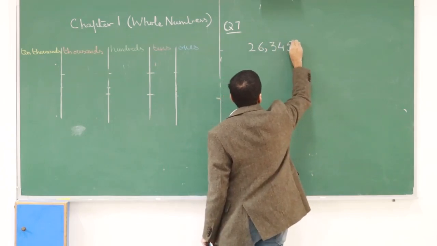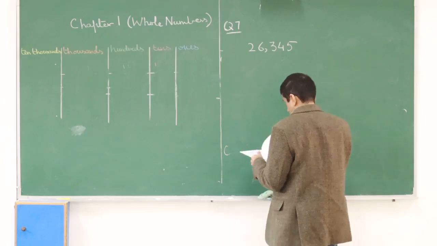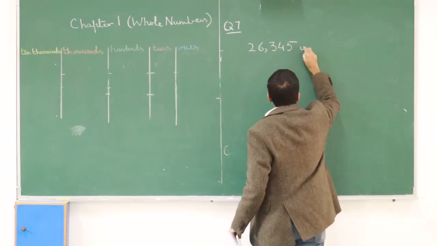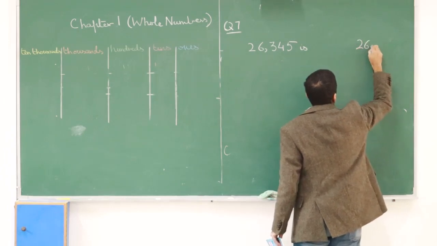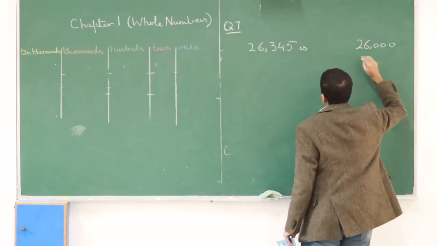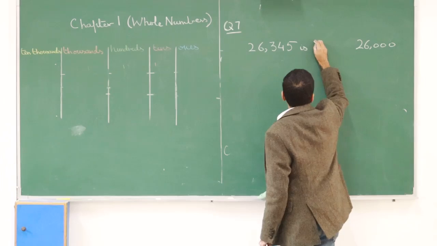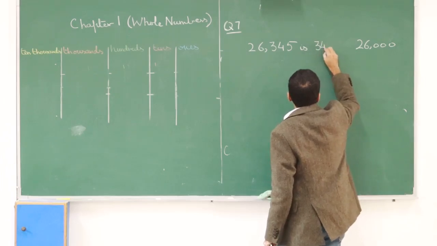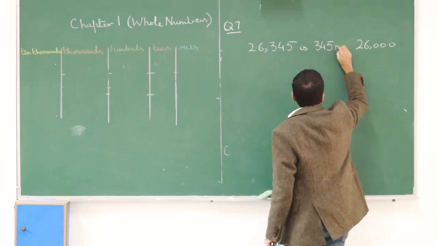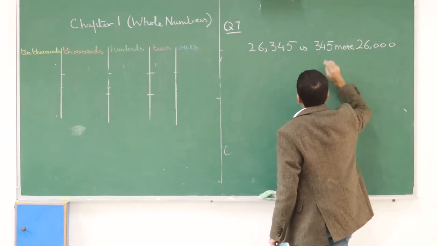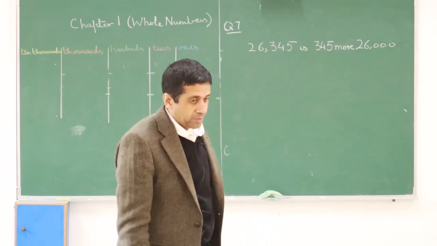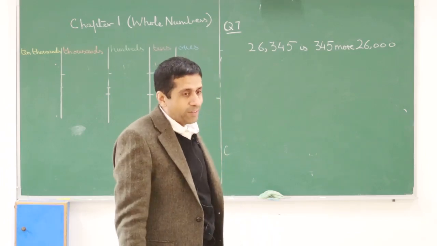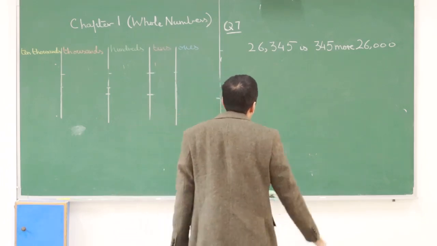Something more than 26,000. How much more? 345. Ah, that's pretty fast. How did you figure that out? Because it's just 26,000 plus 345. Exactly. That's a very nice way of thinking about it.